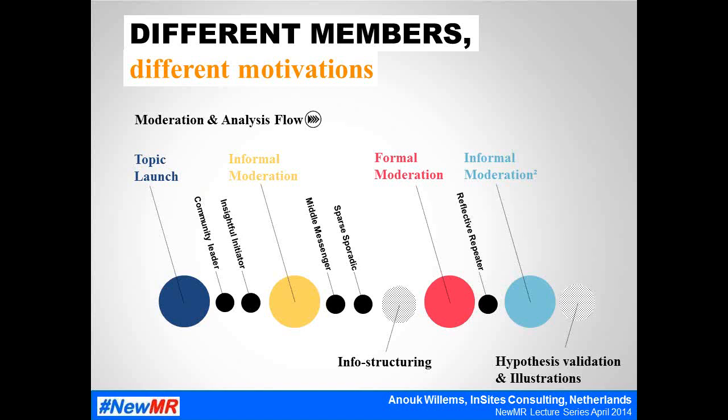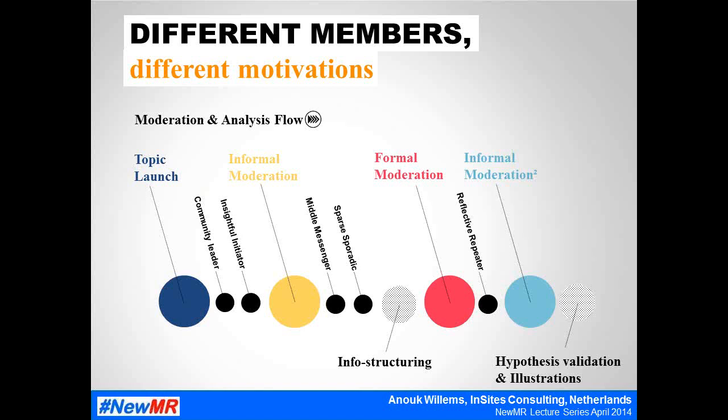Now, after the formal moderation, you can always ask for additional stories to nuance or to validate the interpretation or the summary made from the moderator. And that's what we call informal moderation squared. And that's what we mean by that it can continue for a longer time. So that explains the squared.